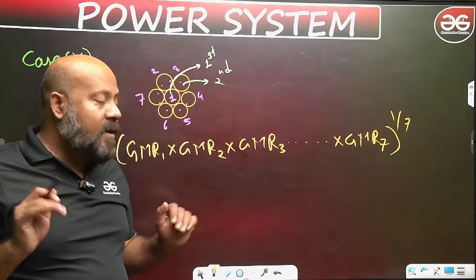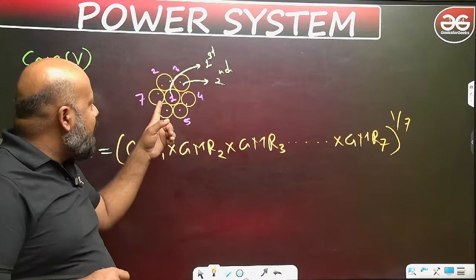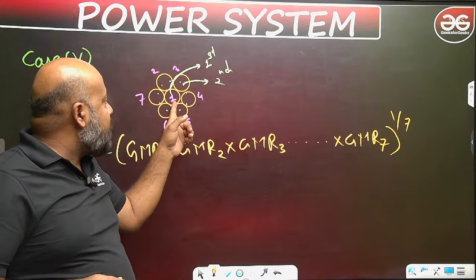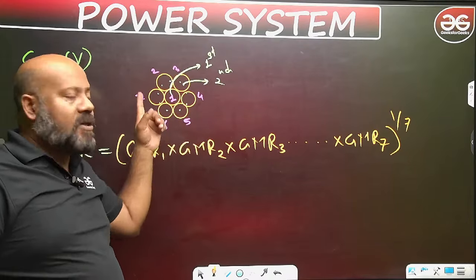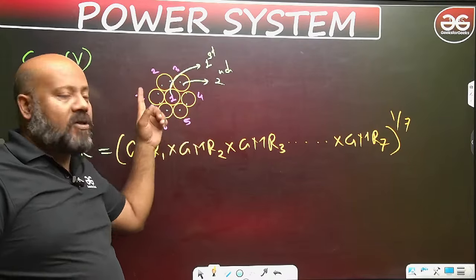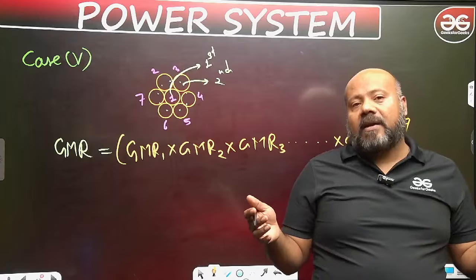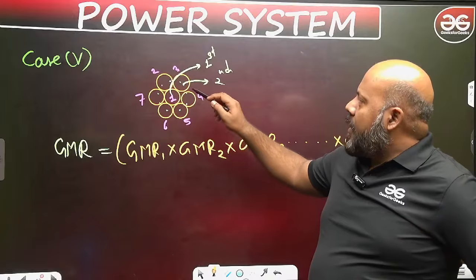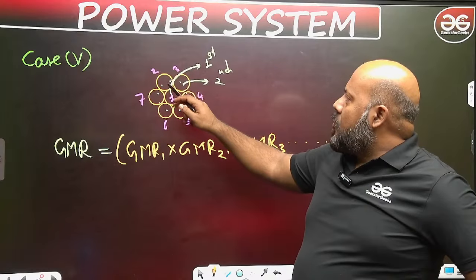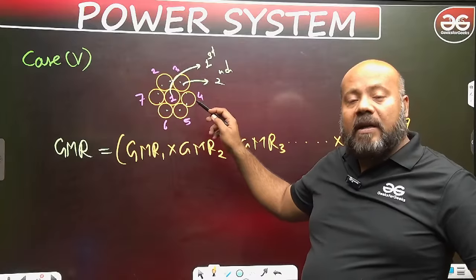I hope you are getting this. Now because of the nature of symmetry, strand 1 is going to be different in comparison to all other strands. But strands number 2, 3, 4, 5, 6 or 7 are of a symmetrical nature. They are symmetrical, yes or no? If you see 2, you have 3, 1, 7, 6, 5, 4 around it.